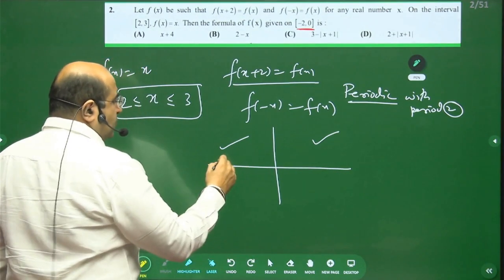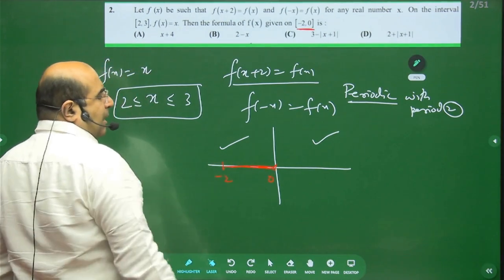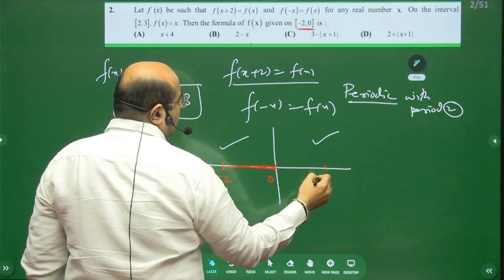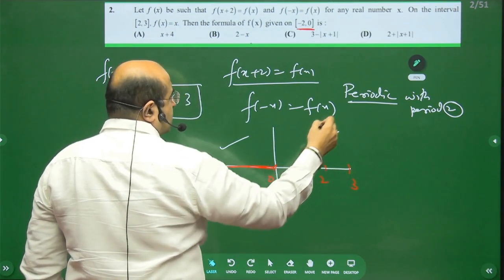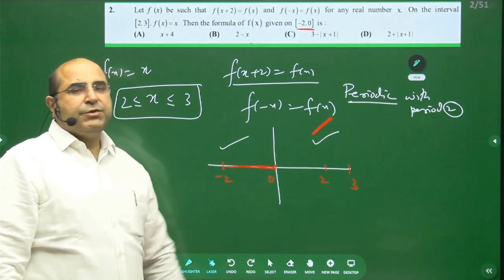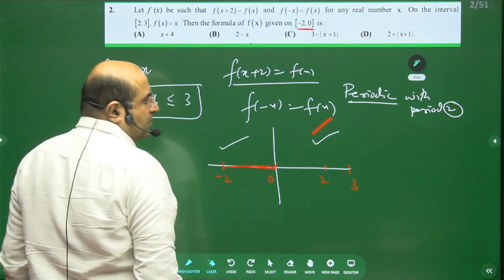So minus 2 to 0 is somewhere here, and 2 to 3 is the fragment where the function is given to me. Y equal to x, somewhere like this. In 2 to 3, I want the function's behavior in this place.